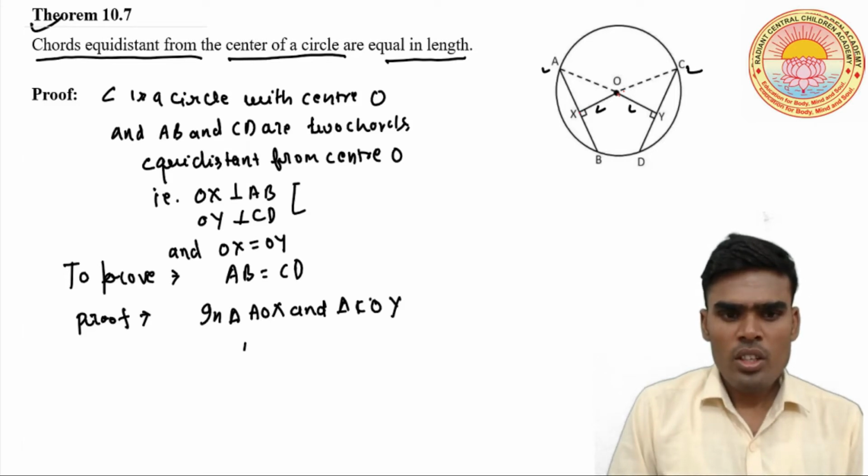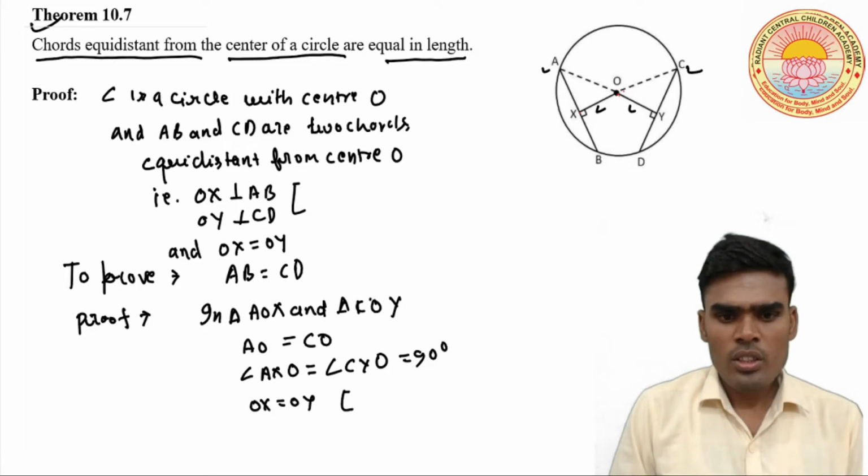In this, AO is equal to CO, and angle AXO is equal to angle CYO is equal to 90 degrees, and OX is equal to OY is given, and AO is equal to CO because it's the radii of the circle.